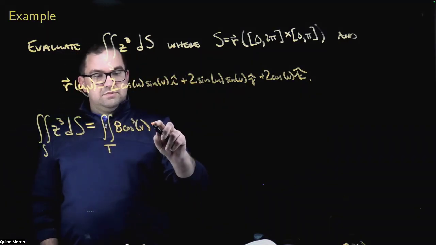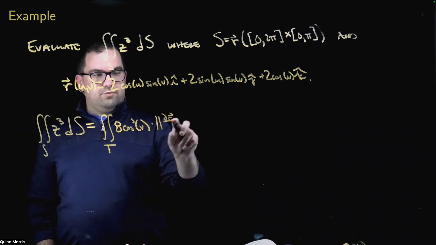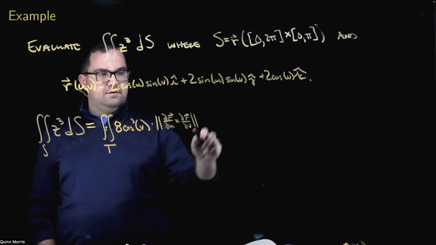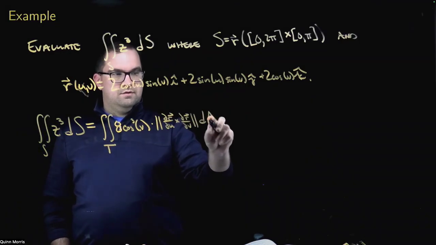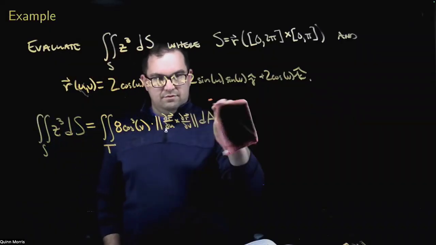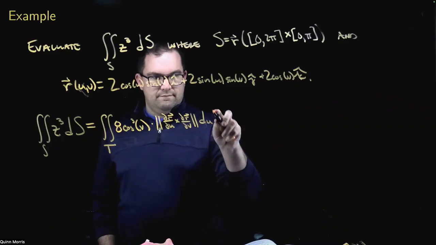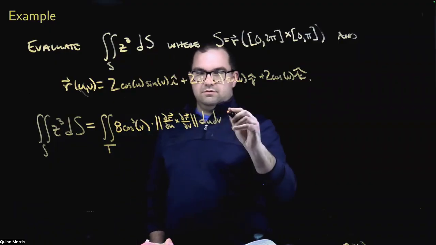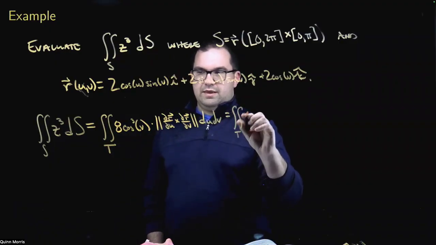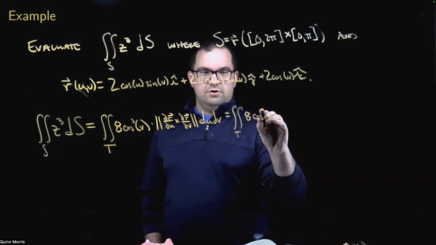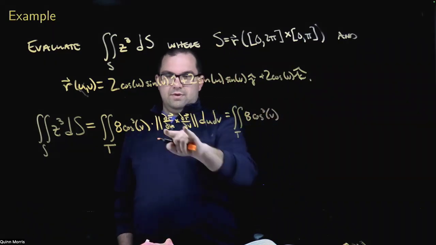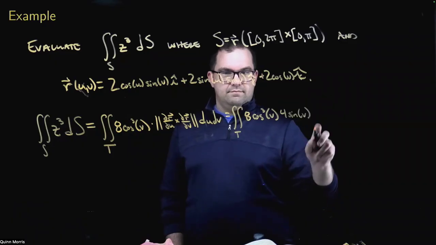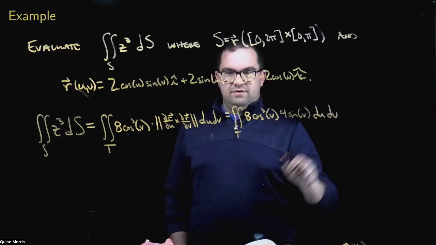And then I'm going to get times the norm of that fundamental vector product, dr du cross dr dv. And this is going to be dA, or du dv. We previously calculated this in the previous video, so we've got 8 cosine cubed v, and we calculated this to be 4 sine of v. And then we get du dv.